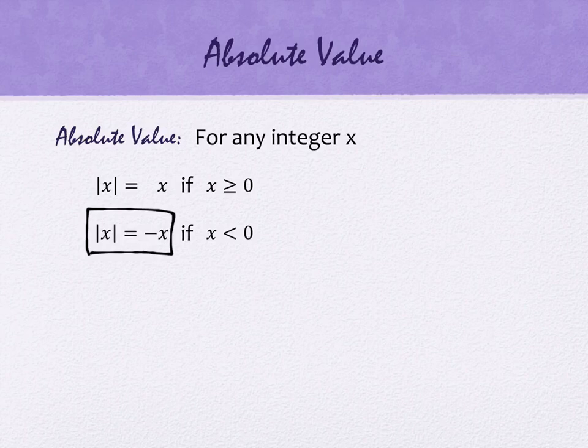And sometimes that definition bothers people because it kind of looks like I just told you that an absolute value equals a negative number. But here's what it actually says, the part that's in the box. If I took the absolute value of, say, -5, y'all know what it's supposed to be. It's supposed to be 5. Okay, so I don't have a way mathematically to indicate remove the negative. There's not an operation that looks like remove the negative. So what the definition actually says is that I'm going to take the -5 and multiply it by a negative.